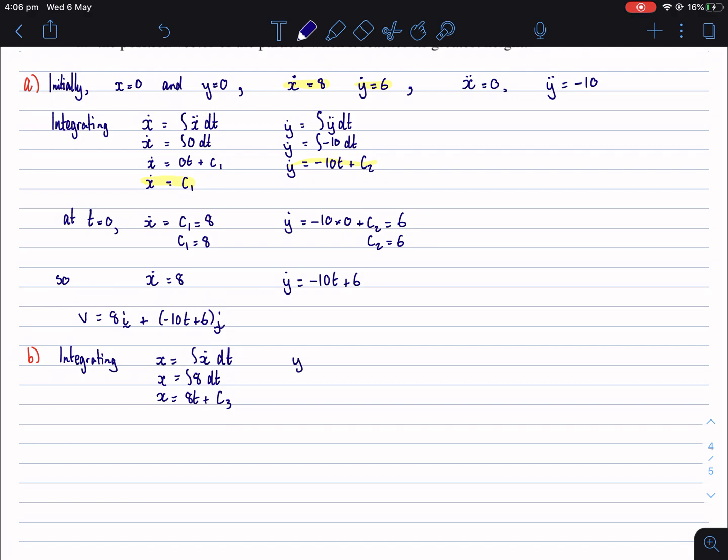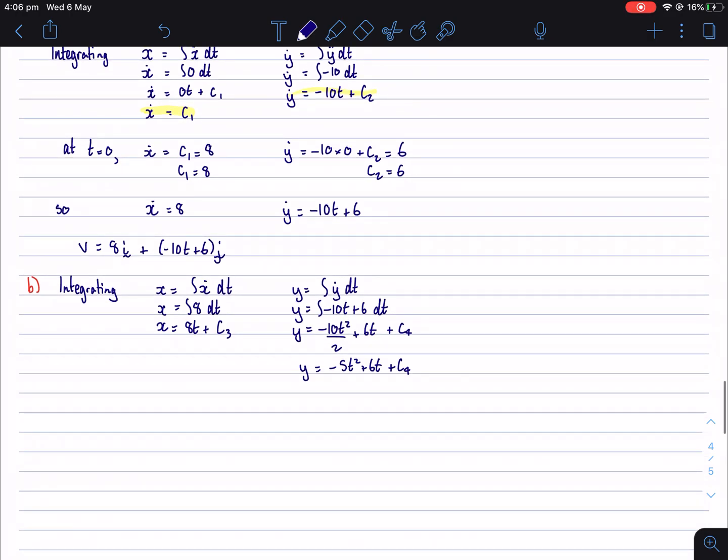We know the y component of the displacement is the integral of the y component of the velocity with respect to time. So we've got the integral of -10t plus 6 dt. So we've got -10t squared over 2 plus 6t plus c4. So it's -5t squared plus 6t plus c4.